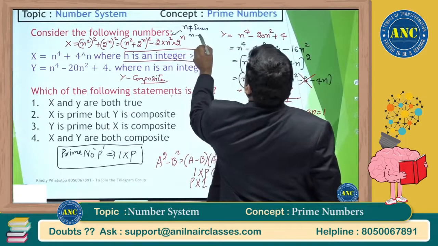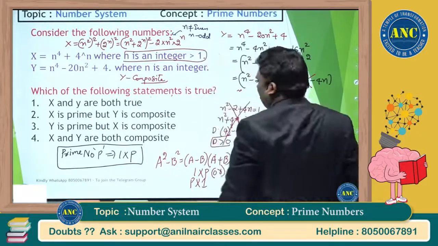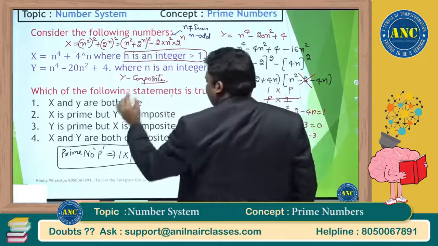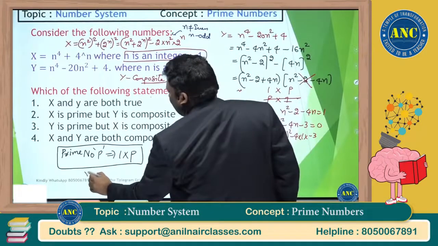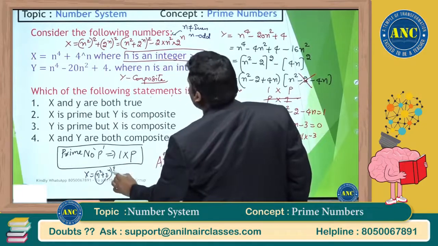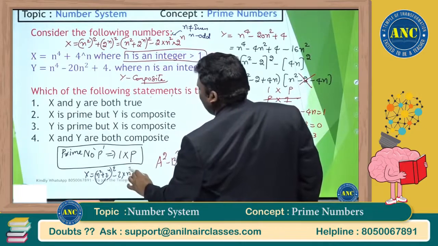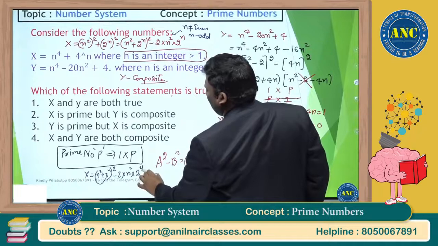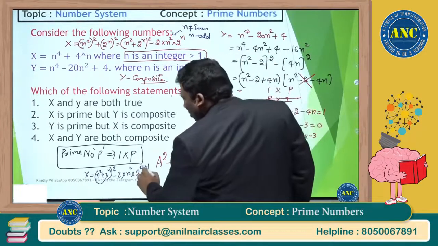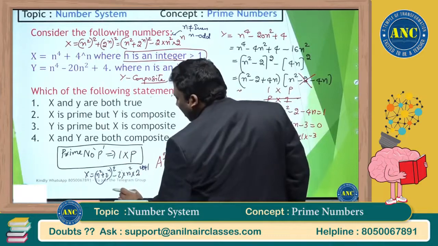If I take n value odd, see here. I will write it here: x equivalent to (n square plus 2 power n) whole square minus 2 into n square. If n is odd, n is 2k plus 1. Are you all with me? Here, 2k plus 1 plus 1 is 2k plus 2.